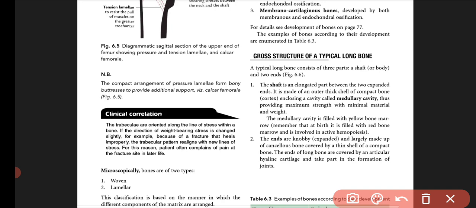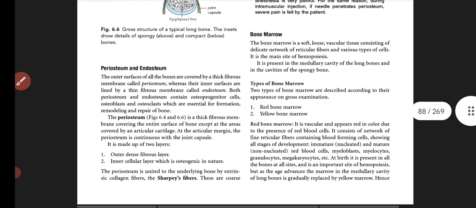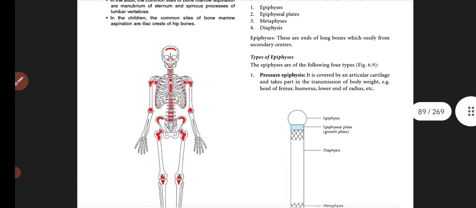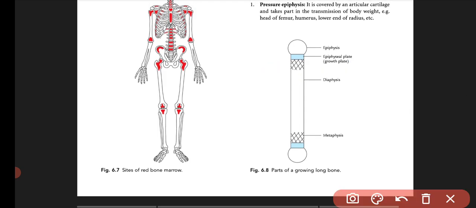The typical long bone, I already told, consists of three parts: a shaft, which is the mid portion, and two ends. So we'll go see the shaft portion. One minute. This portion is the shaft. This portion is the shaft. The mid portion is known as the shaft, and two ends. These two ends. Okay.